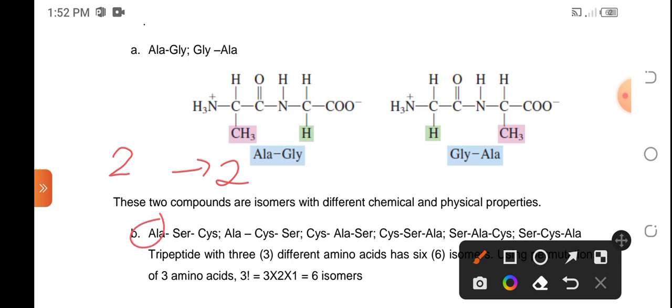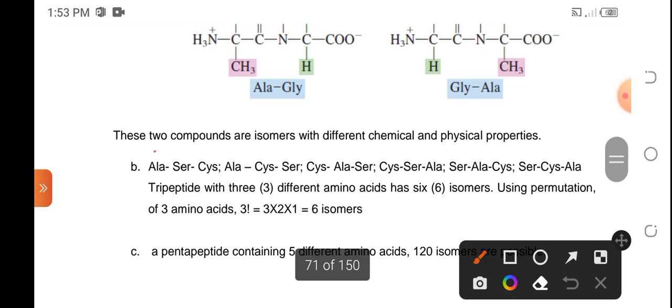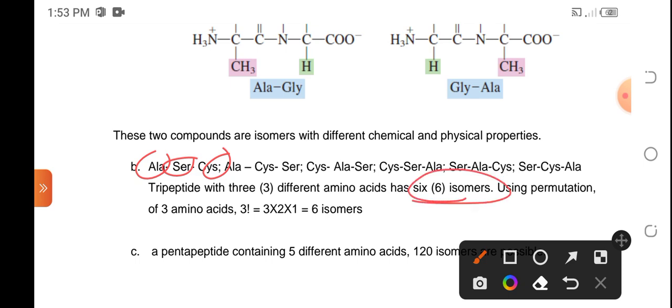Kapag may tatlo tayong amino acid, ang possible count ng kanyang isomer ay 6. Okay? Because of using the permutation 3 factorial, so that would be 3 times 2 times 1, so that would be 6 isomers. Okay?